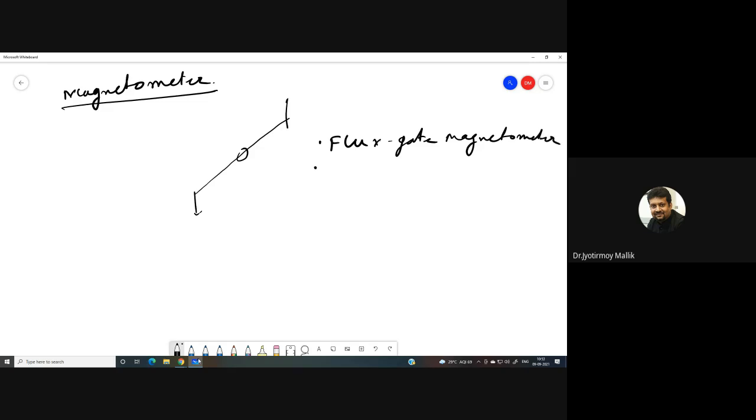Then you have the proton precession magnetometer. Then you have the absorption cell magnetometer.